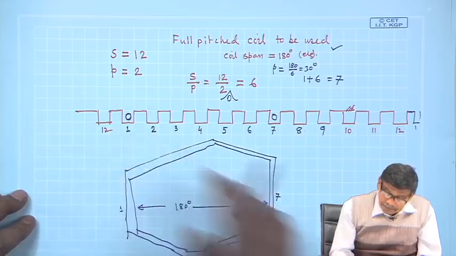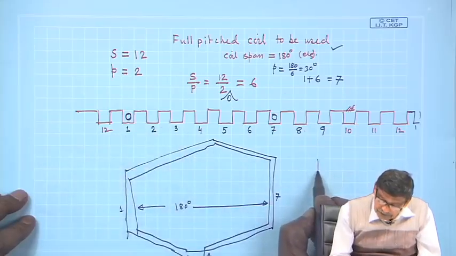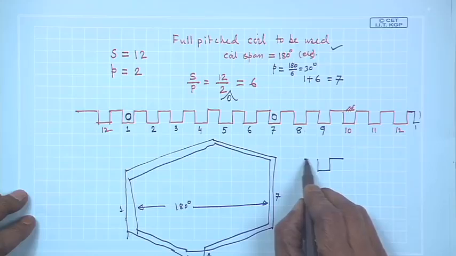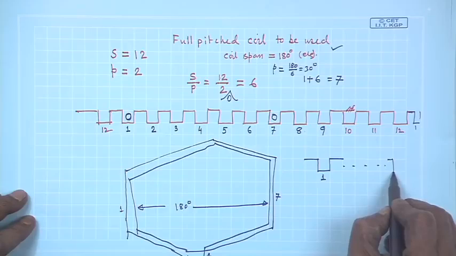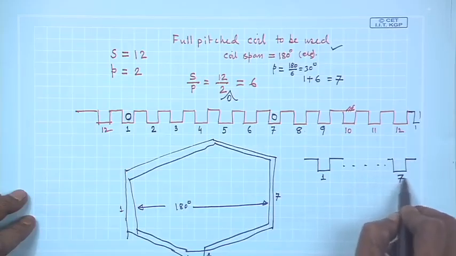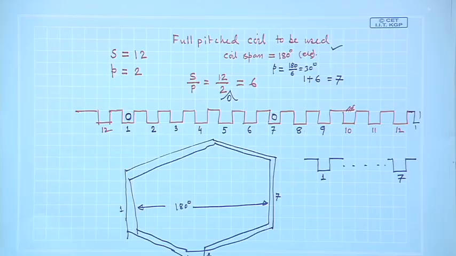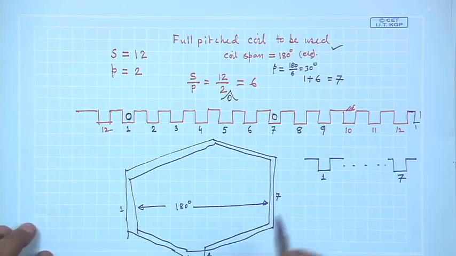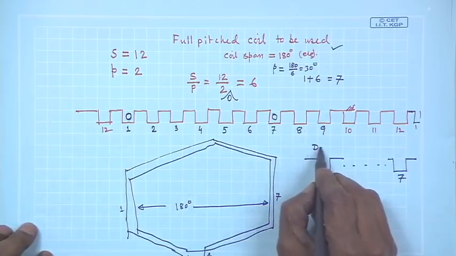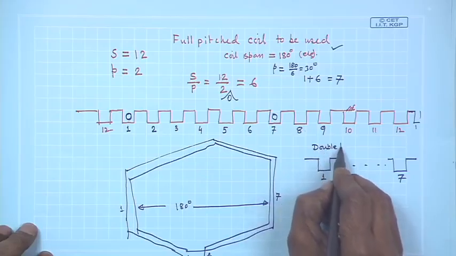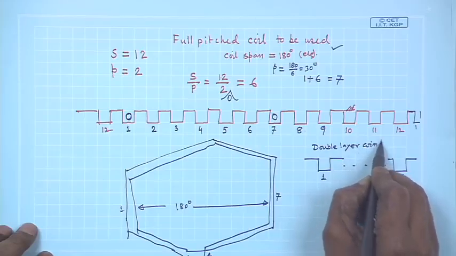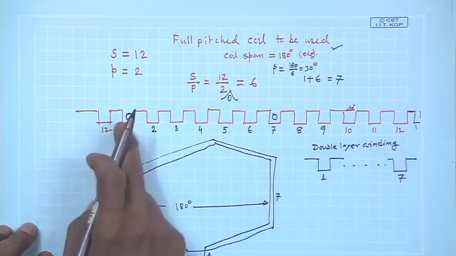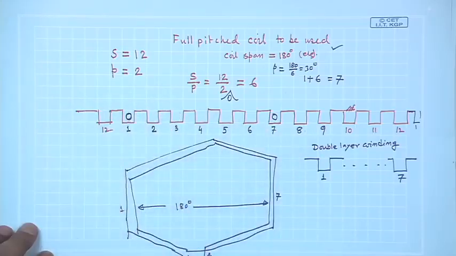What is done? Suppose this is slot number 1 and, dot dot dot, this is slot number 7. What is drawn here is called a single layer winding. In each slot there will be only one coil side present.